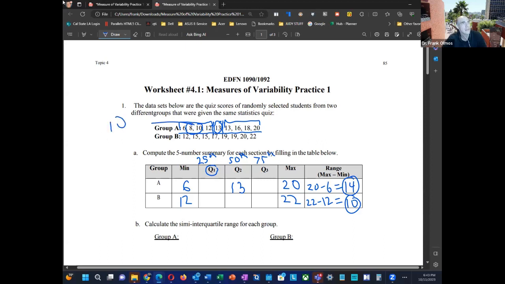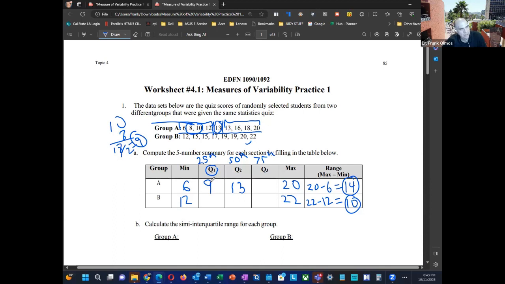Let's see here. 10 plus 8 is 18, divided by 2 equals 9. So you're going to get 9. You do the same thing for the top set. You have 4 numbers there, 1, 2, 3, 4.